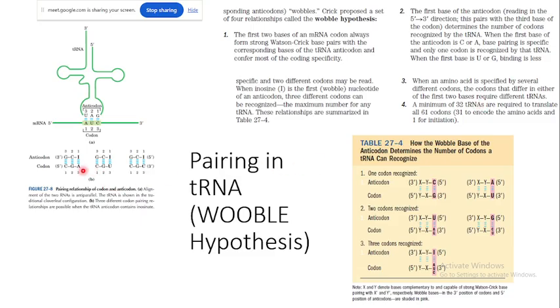For example, here all of these codons are different, but the difference lies only in the third nucleotide, which is pairing with the wobble nucleotide in the anticodon. So that's why the tRNA is the same, because the second and third nucleotides of the anticodon and the first and second nucleotides of the codon are the same.